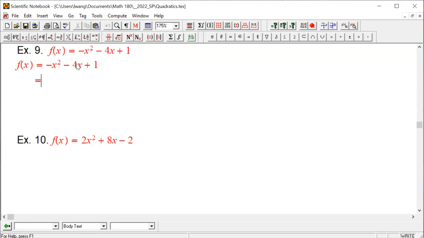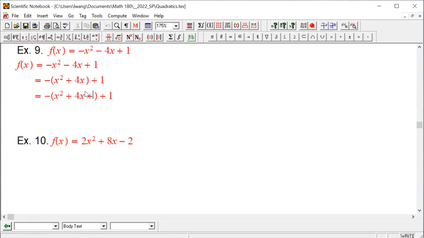So the same idea. I'm going to focus on these two terms, still do the plus 1. Between these two, I'm going to factor out the negative sign. So I have x squared plus 4x plus 1. Once you've done that, everything becomes much easier.